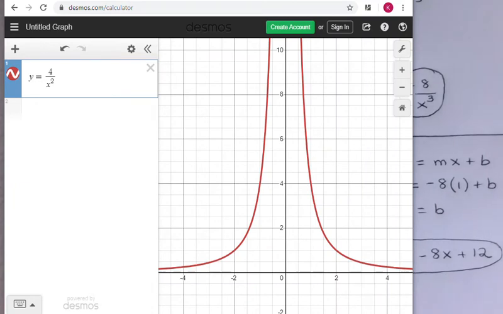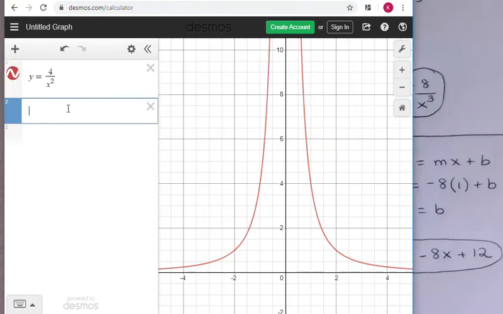So here we are over in our Desmos graph, and notice I've already graphed the original function, y equals 4 over x squared. If I add a new graph for the tangent line, which we just found, y equals -8x plus 12, you can now see that right here at that point (1, 4), the point where x equals 1 is the point of tangency.